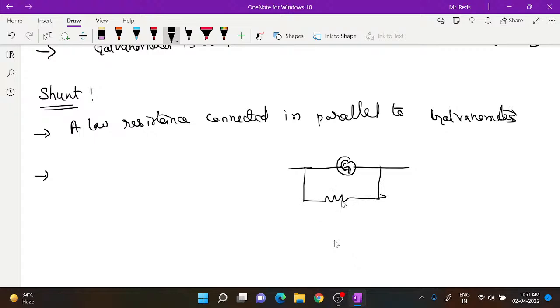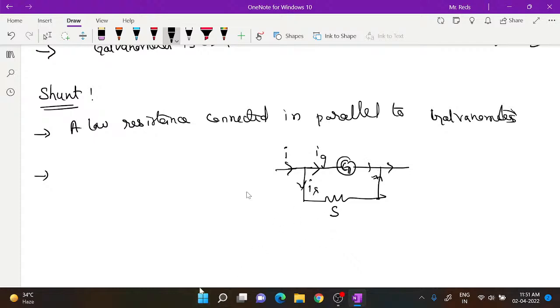You can express it as S; some books give RS. Now if this entire thing is connected to a source, so that current I passes here, this current divides into the current through the galvanometer as Ig, and the rest as I minus Ig through the shunt resistance, and these two combine again here and pass through to close the circuit.